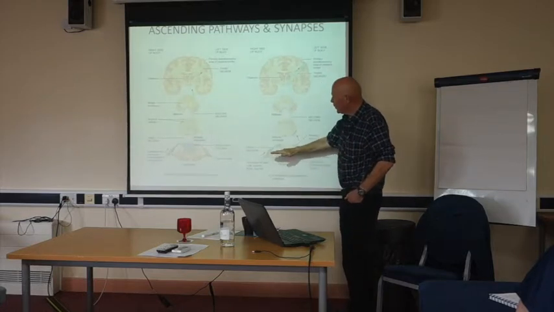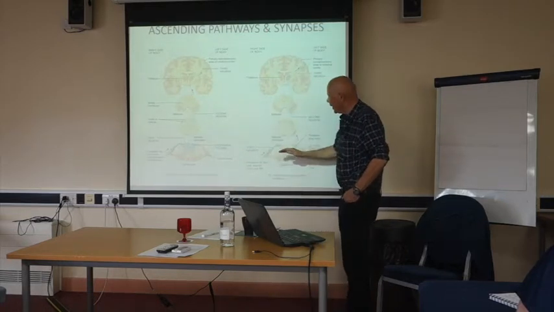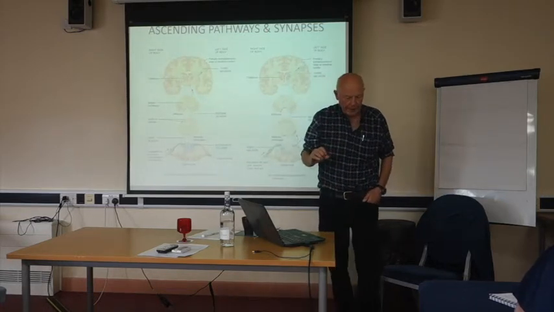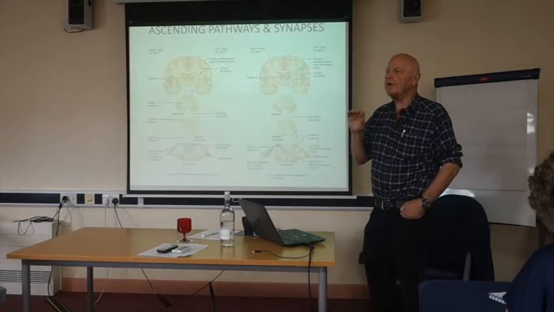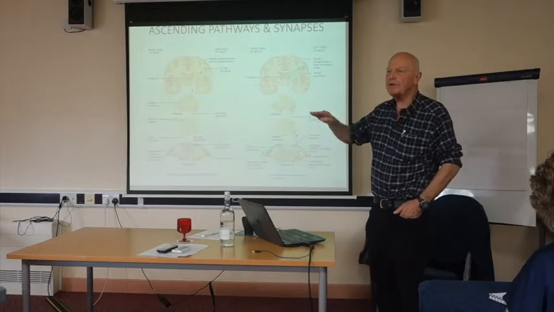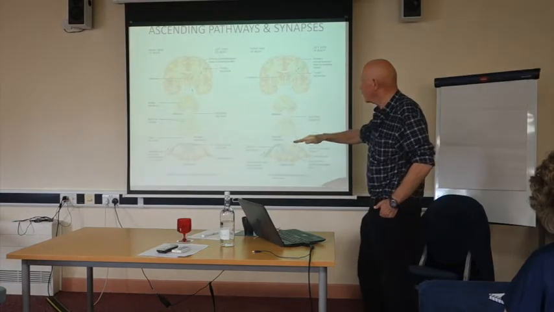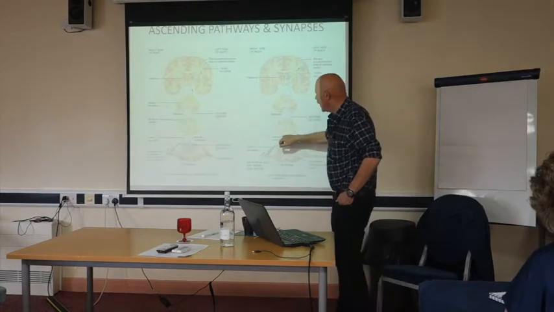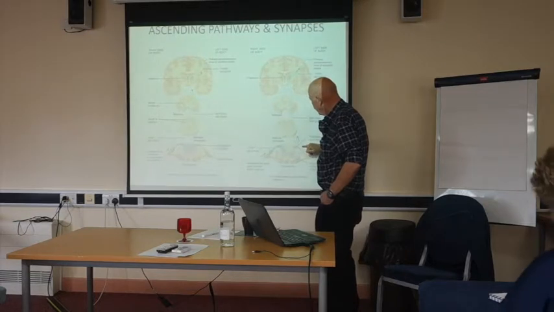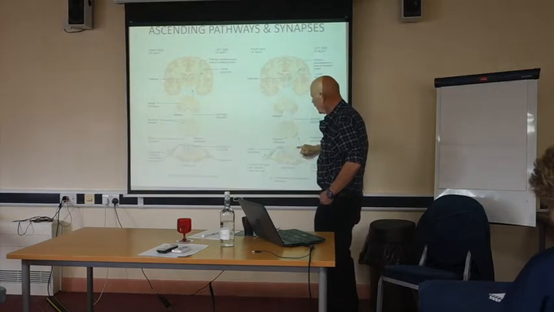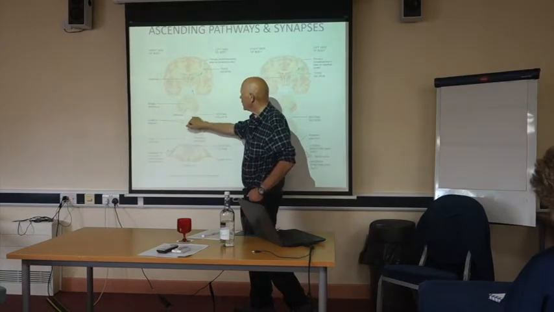So the different crossing points, this lot in the medulla and this lot down here, can give you means of localising where an injury might be. Because if you get an injury of the spinal cord going halfway through, it might affect, let's say at this level here, on this side, it might affect those pathways going up, but at the same level it would miss those pathways going up.